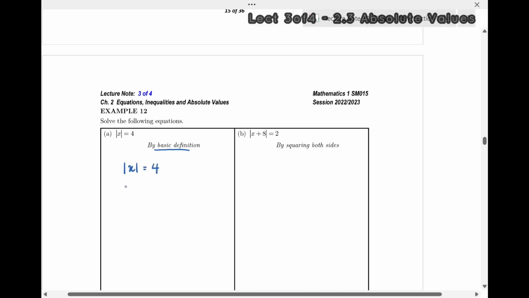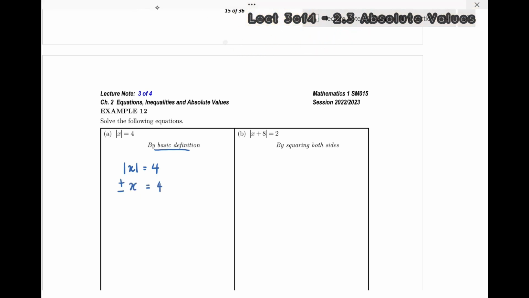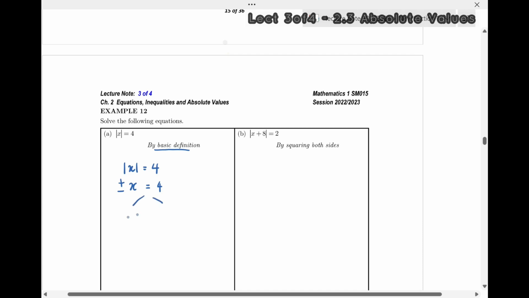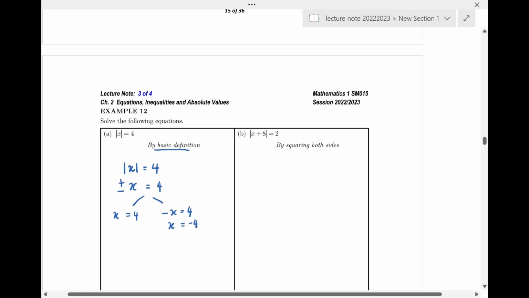The modulus here is actually positive or negative of x equals 4. So first we have positive x equals 4 and another one is negative x equals 4. So the first answer is x equals 4. Another one will be x equals negative 4. And then we are done. So it's easy, right?